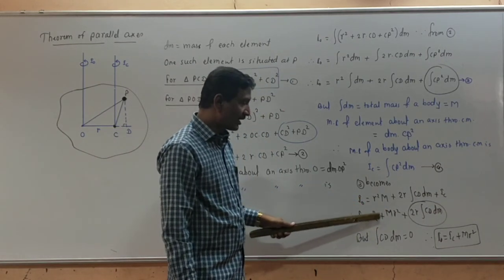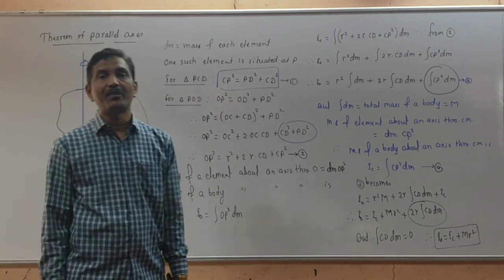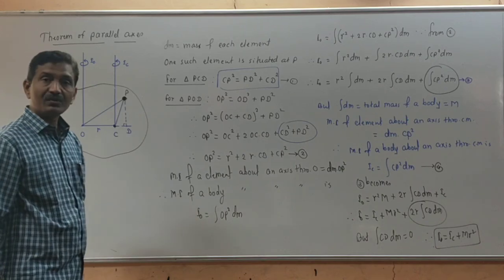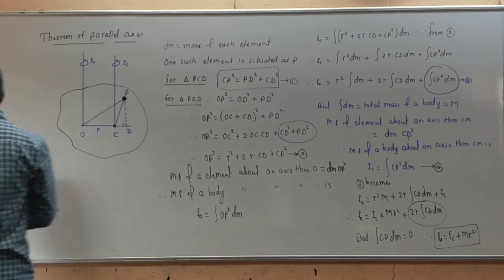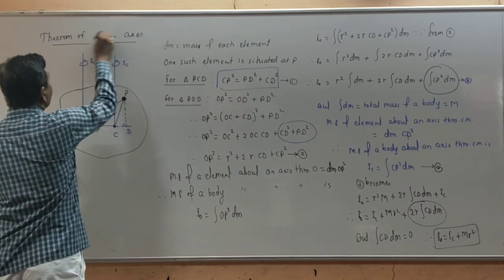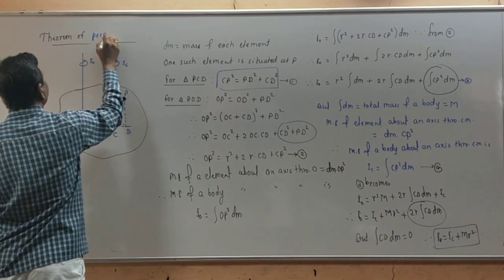Change the order in addition as well as in product. And last one is, as the C is the center of mass, integration of the CD into dm is equal to 0, hence we get IO equal to IC plus MR square. Now we consider the next topic, perpendicular axis theorem.